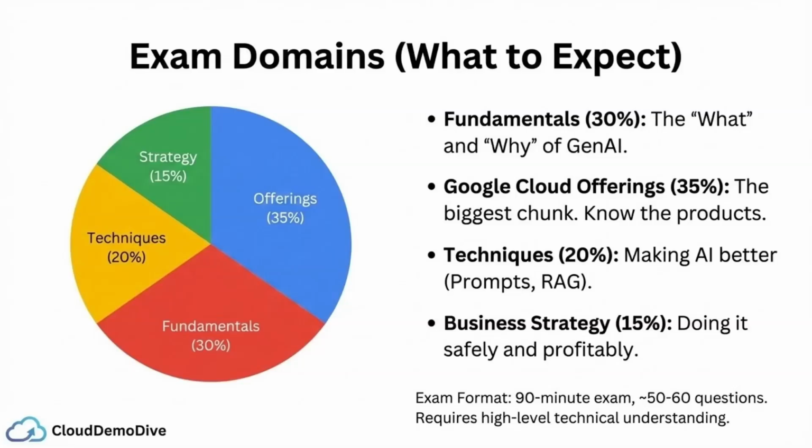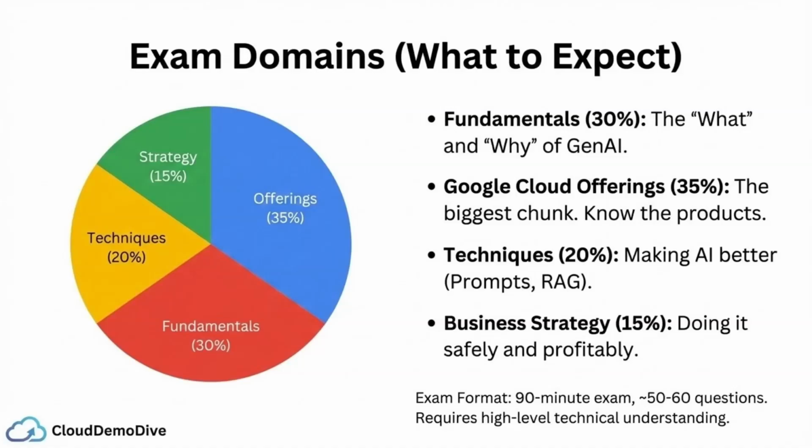So let's first take a look at the breakdown of how this exam will happen in different pillars, or you can say different categories. This exam is basically divided into four main pillars. First one is the fundamentals, which consists of around 30% Google Cloud offerings, whatever the different features and services provided by Google Cloud, techniques, and the business strategy.